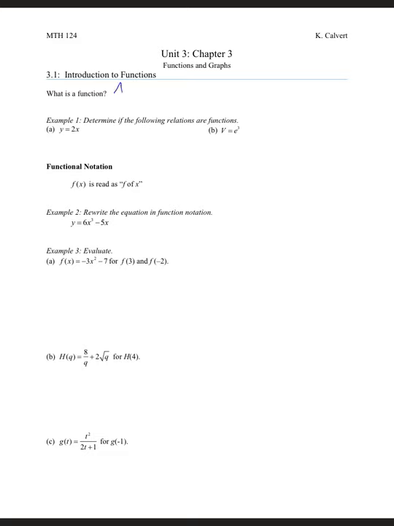A function is going to be a relationship between two variables, and with this, for every value of the first, there is only one corresponding value for the second.